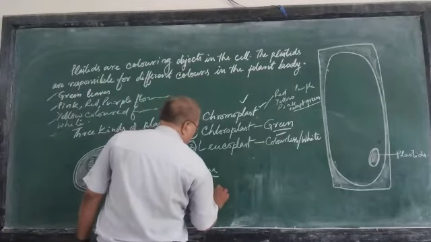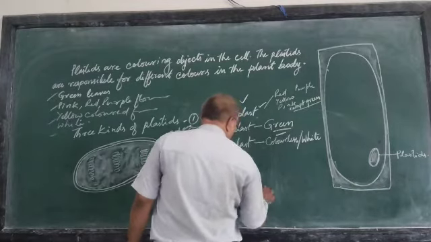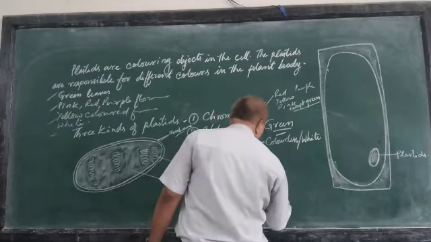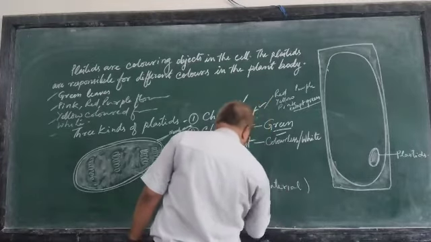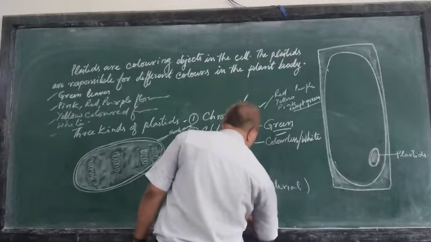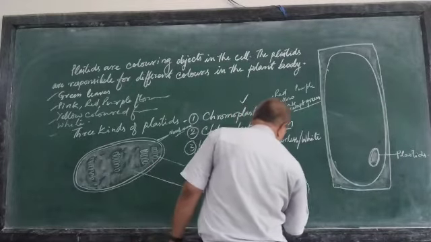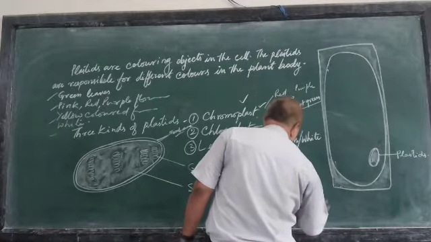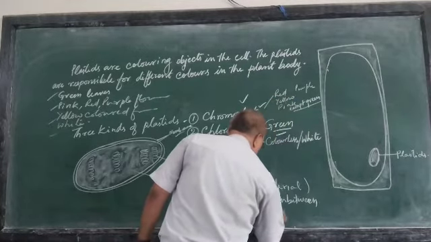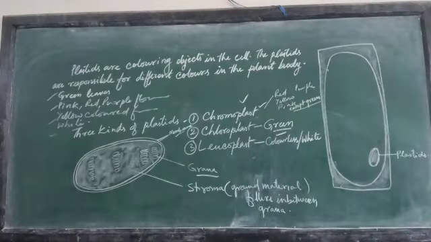So stroma is the ground material, or packed fillers, or you can say fillers in between grana. Right? Fillers in between grana.